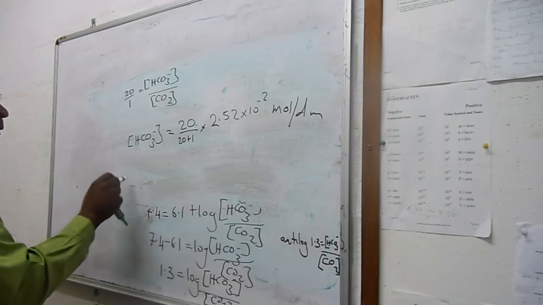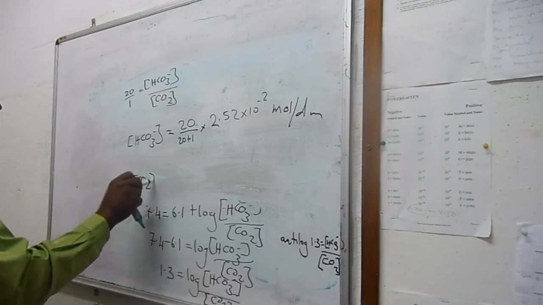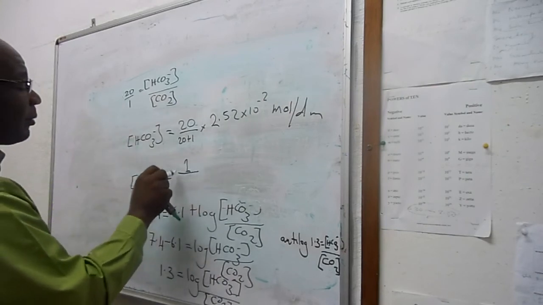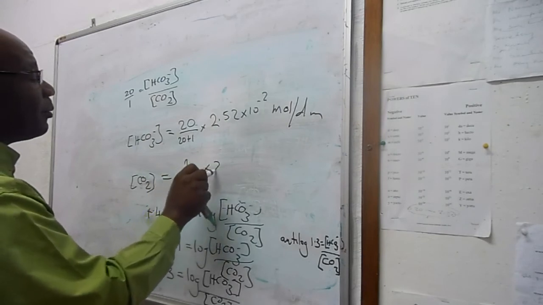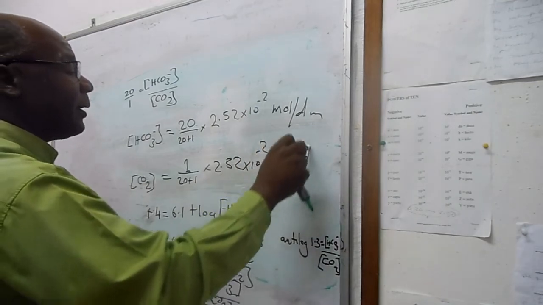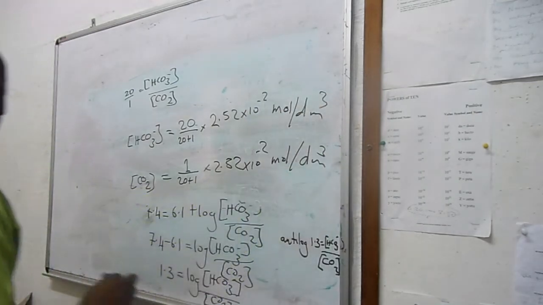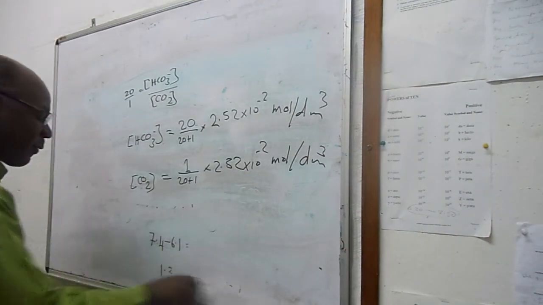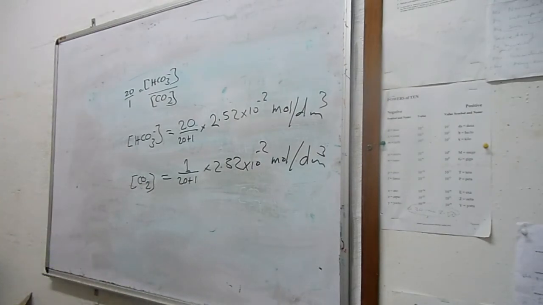Similarly, the concentration of carbon dioxide will be equal to 1 over 20 plus 1 times 2.52 times 10 to the power minus 2 moles per cubic decimeter. And so on and so forth. Having done that, I guess I'll stop here and give you an assignment.